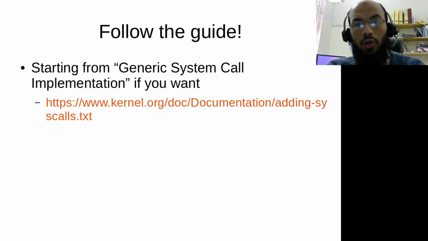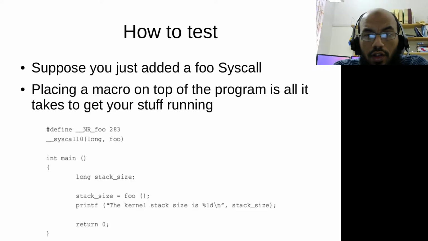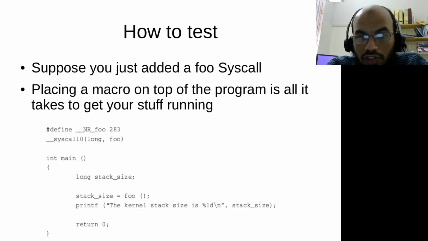So follow the guide. Then the final thing is how to show that it works. Suppose you just added a new syscall to your system, and placing a macro on top of your C program is all that it takes to get your stuff running and show us that it works.